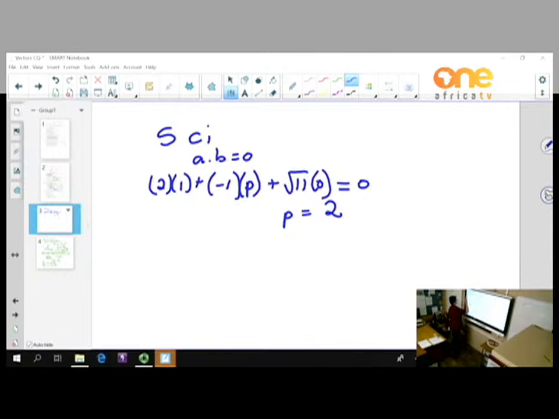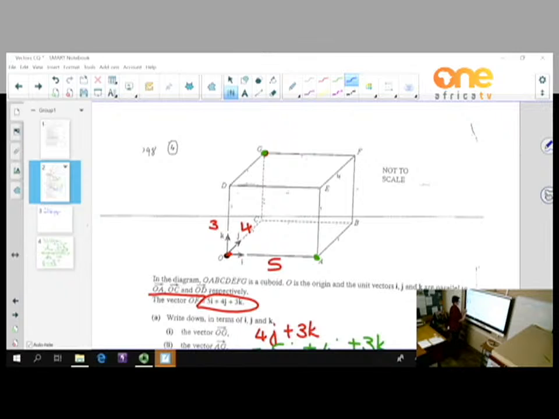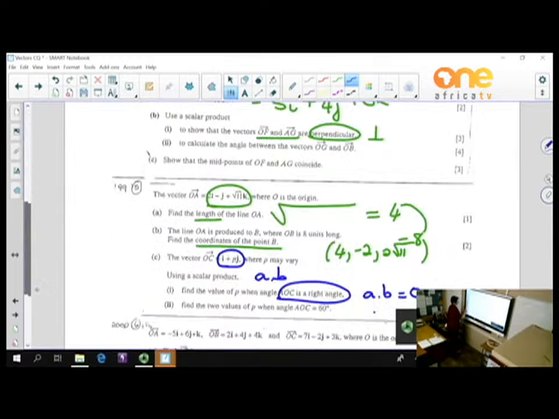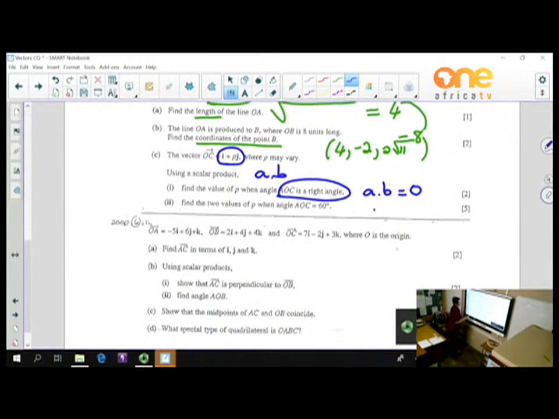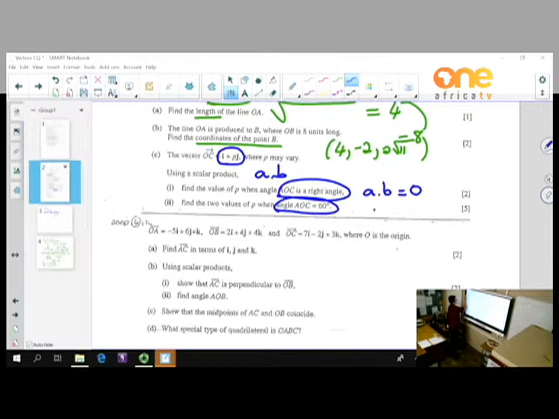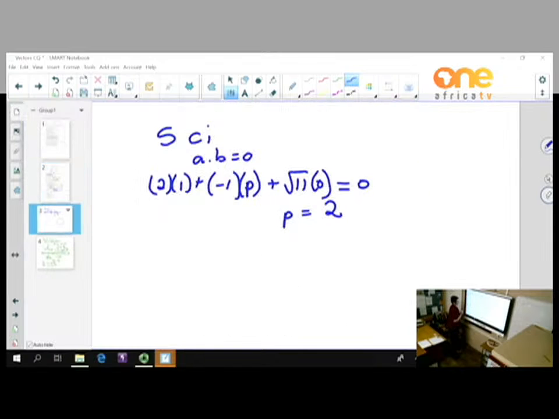Now, the next one says, find the two values of P when the angle is 60 degrees. So this time they don't want you to find the angle, they gave you the angle. And we're working there with angle AOC.